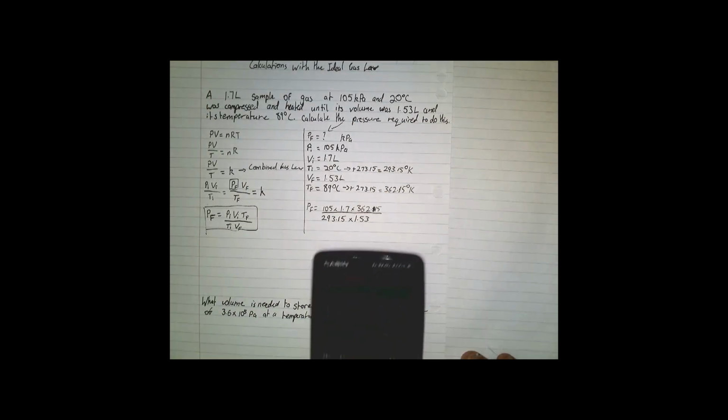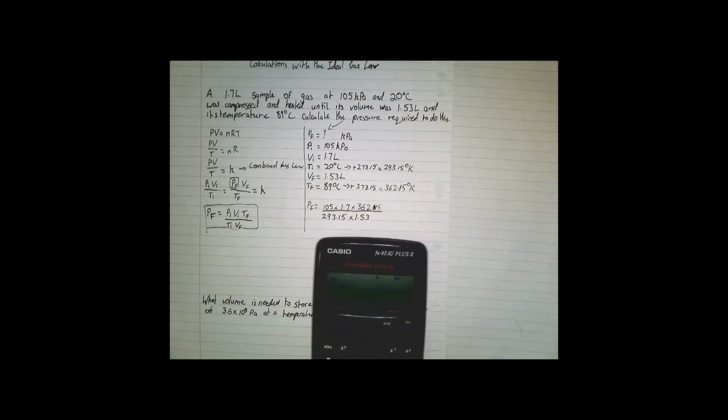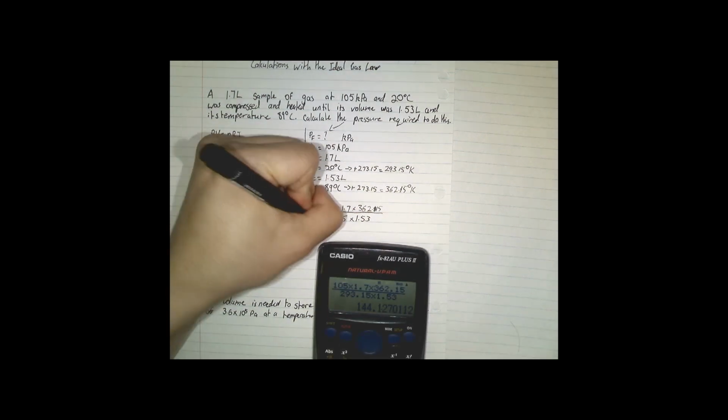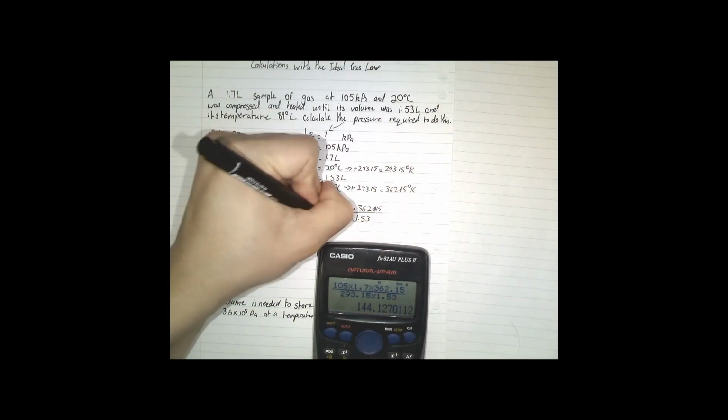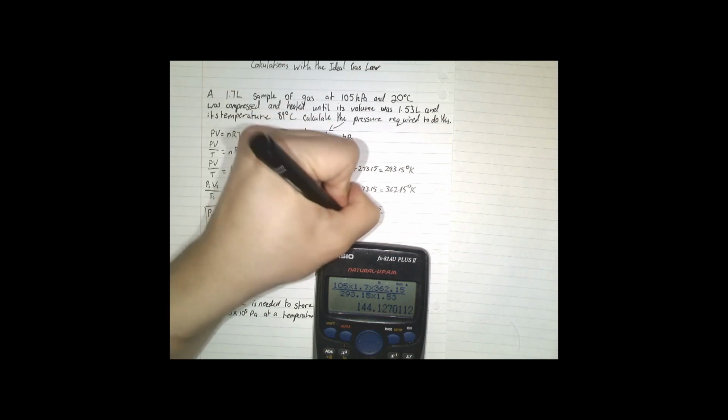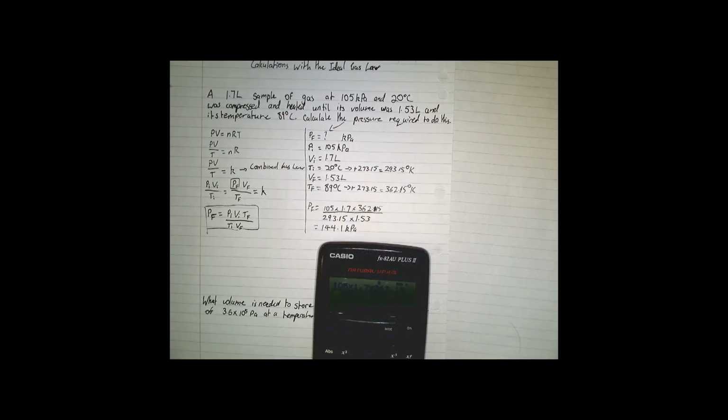So if we put this into our calculator, I'm going to be doing 105 times 1.7 times 362.15, all divided by 293.15 times 1.53. So our answer there is 144.1 kPa, kilopascals.